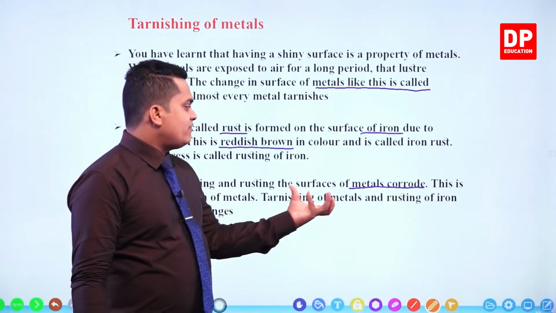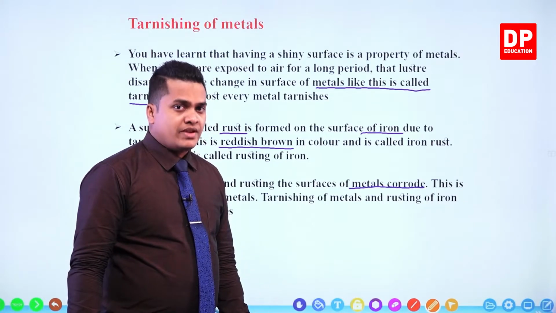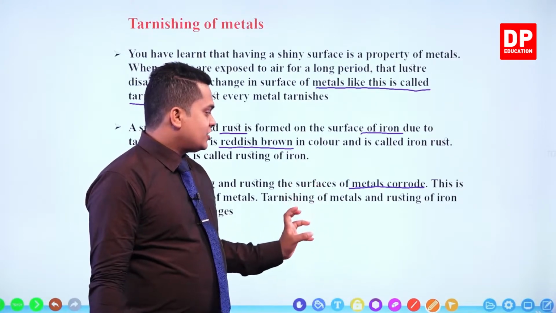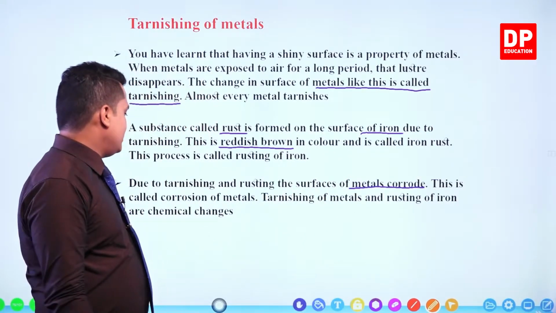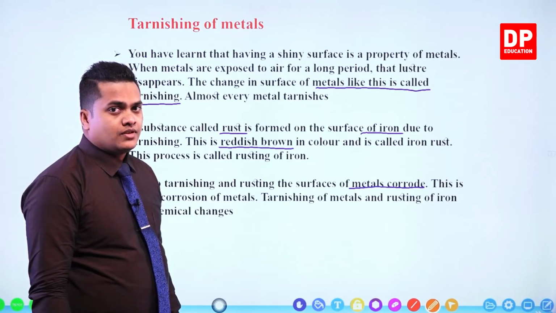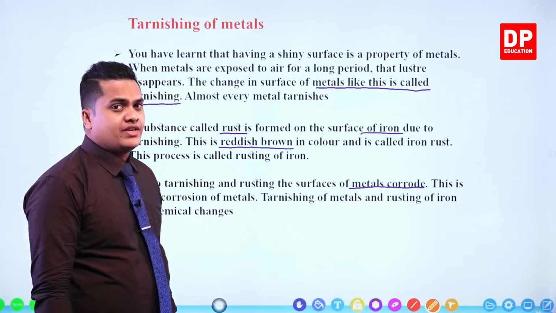So tarnishing of metals and rusting of iron. Tarnishing is for metals, rusting is for iron specially. Tarnishing of metals and rusting of iron are chemical changes, meaning that we can't revert it back. These changes are chemical changes, not physical changes, my dear children.